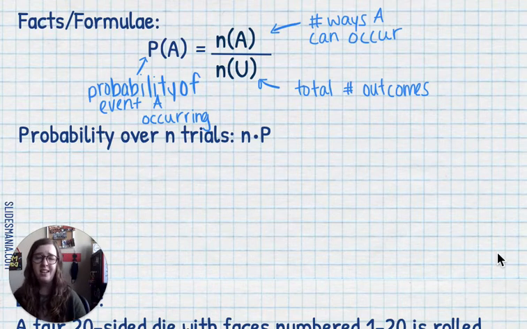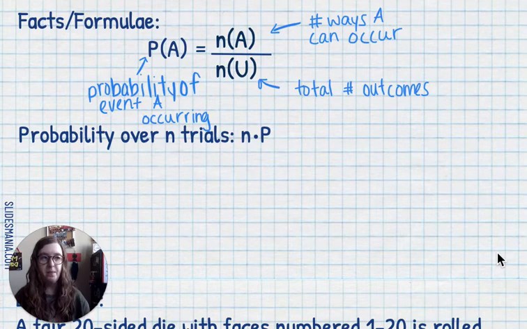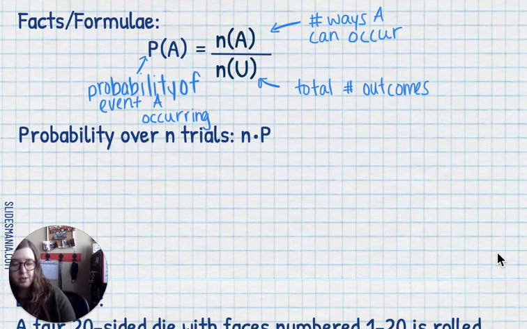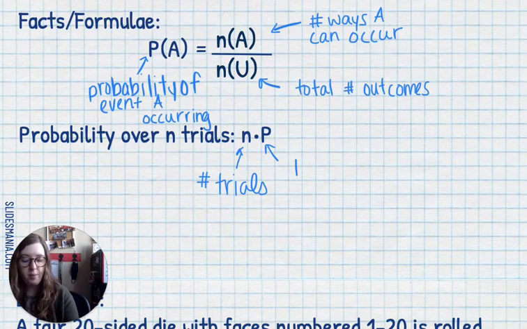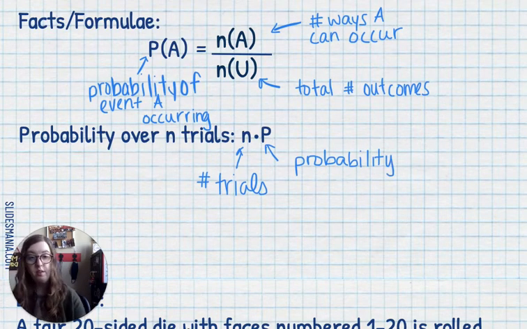So probability over n trials gives you a prediction of how many times that particular outcome will come up over so many trials. So n is the number of trials, and P is the probability of that event occurring. Good deal.